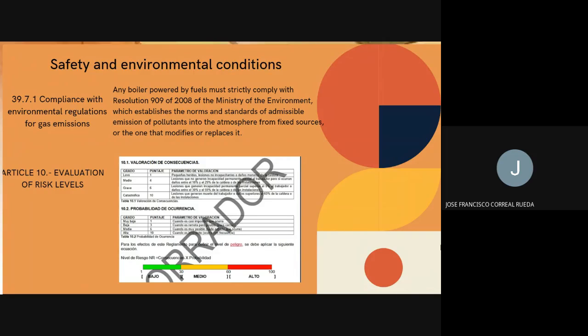And in Article 10, evaluation of risk level, the engineer in charge will evaluate the level of risk where one is low level and 100 the highest, where 100 is a threat to the workers and this industry, and this boiler has been cancelled.